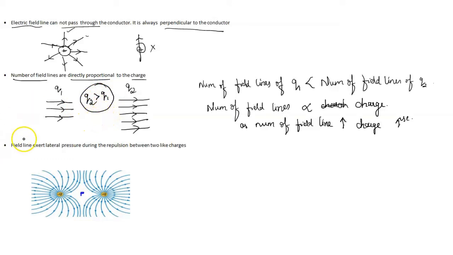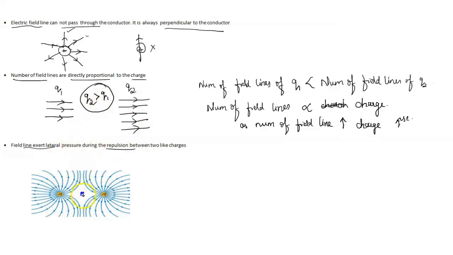And the last property: electric field lines exert a lateral pressure during the repulsion between two like charges. If we consider two like charges, either positive-positive or negative-negative, they always repel each other.